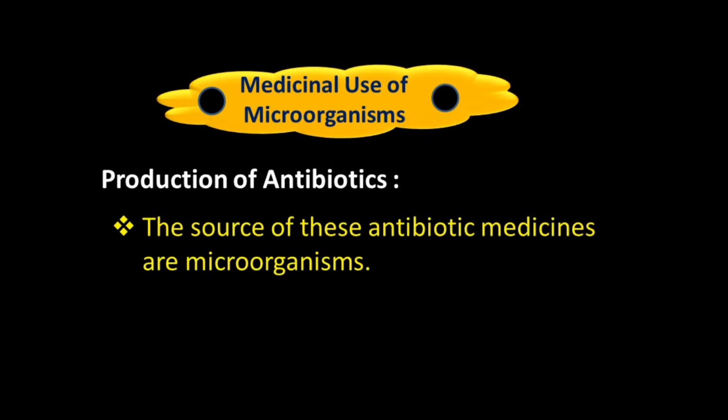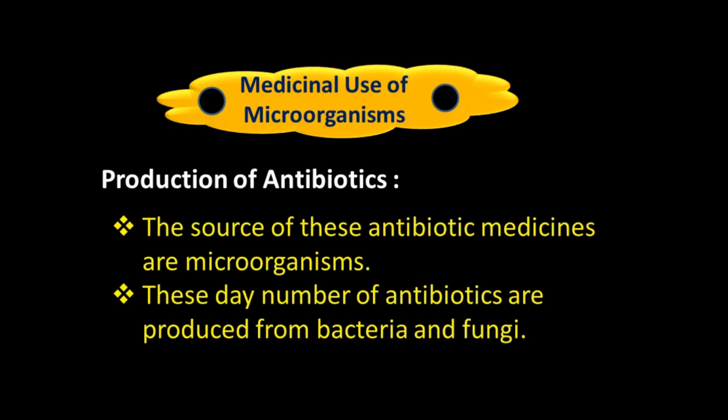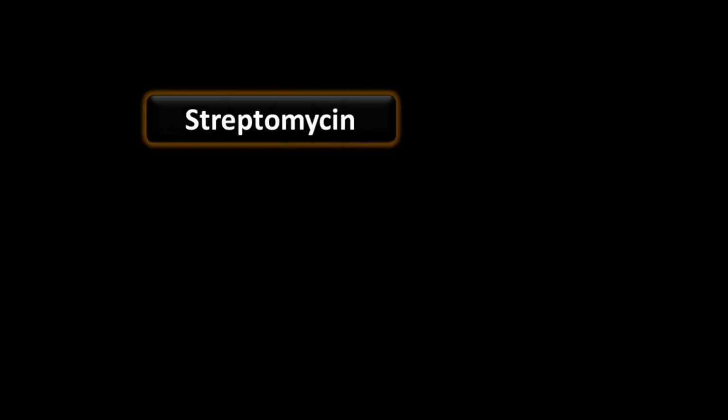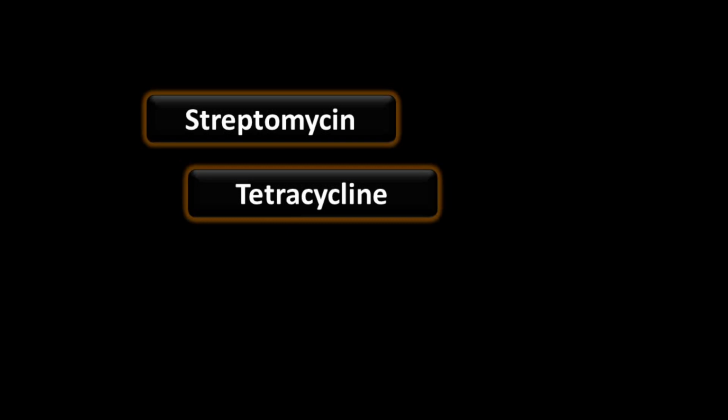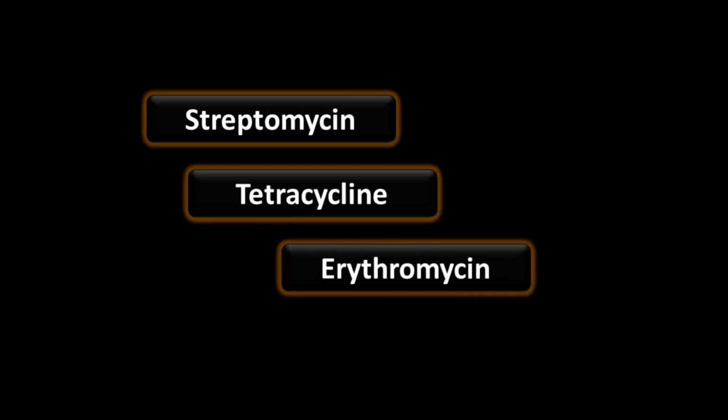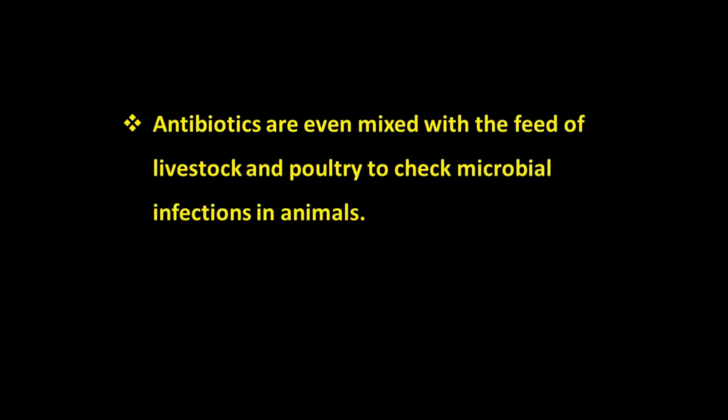The source of these antibiotic medicines is microorganisms. Today, a number of antibiotics are produced from bacteria and fungi. These are streptomycin, tetracycline, erythromycin. These are some examples of antibiotics.